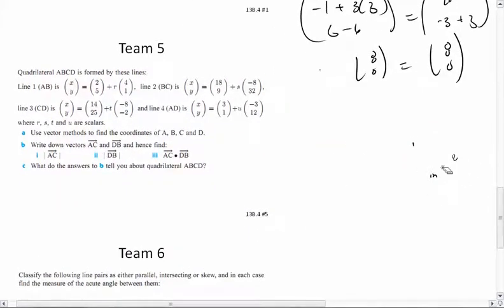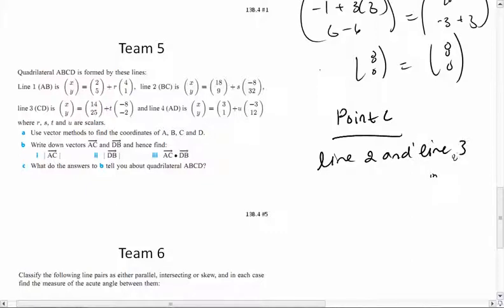And now for point C. Point C is from the intersection of line 2 and line 3. We set them equal to each other.